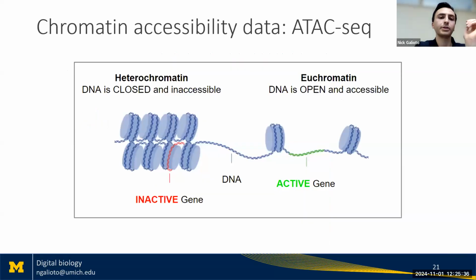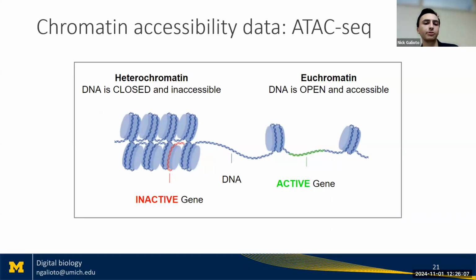And then another type would be chromatin accessibility. The structure of the chromatin can determine which regions are available for gene transcription and which ones are closed off. The way that's determined is by how tightly coiled the chromatin is. If it's tightly coiled, there's not as much space for things to bind onto the DNA and to produce transcription.